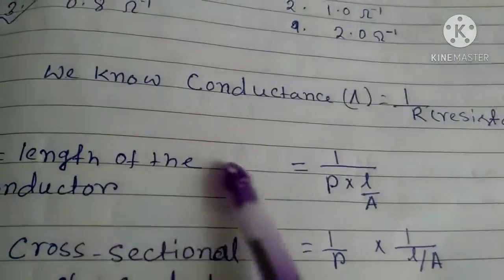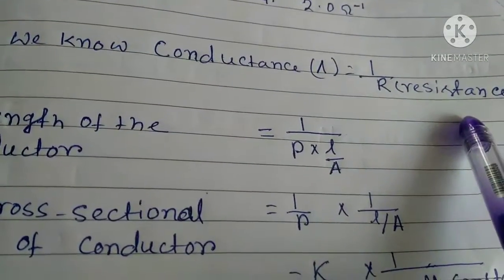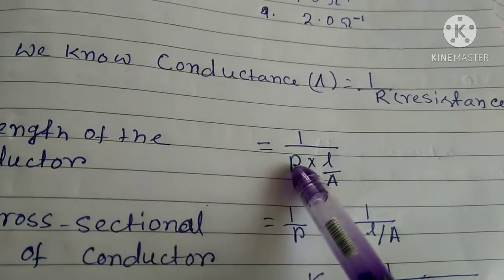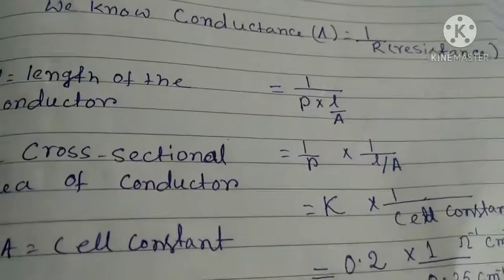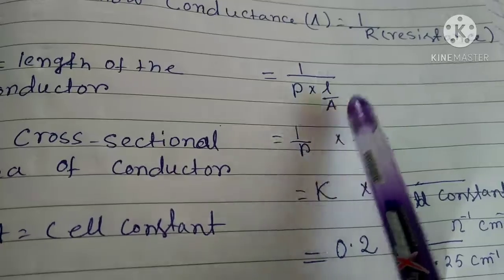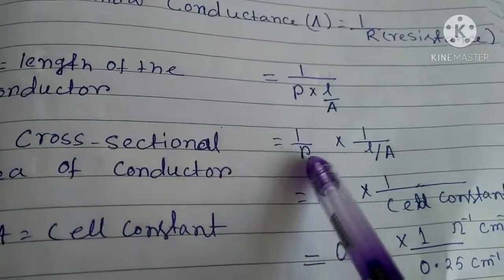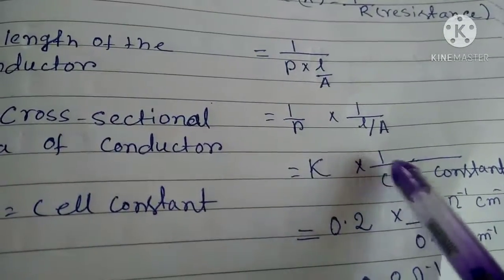First of all, we know that conductance is the reciprocal of resistance, and resistance we can write as rho, the specific resistance, into L by A. L by A is called the cell constant. So conductance is 1 by rho into 1 by L by A. 1 by rho we can write as kappa, the specific conductance, times 1 by cell constant.